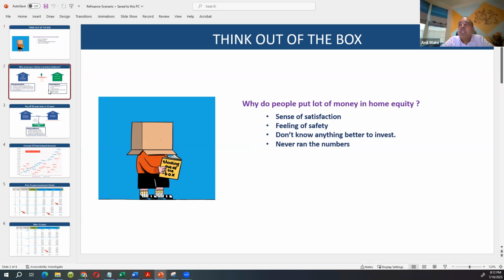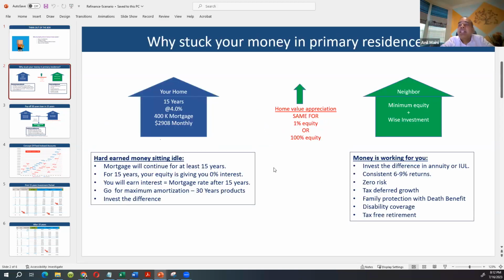But now our intention is we can tell them, hey, look, there is a better strategy. Instead of making extra payment to the bank, why don't you put the same money in IUL, and we will discuss the benefits.